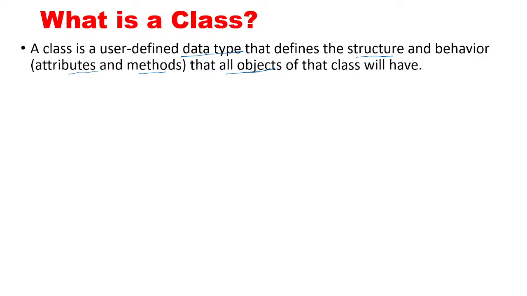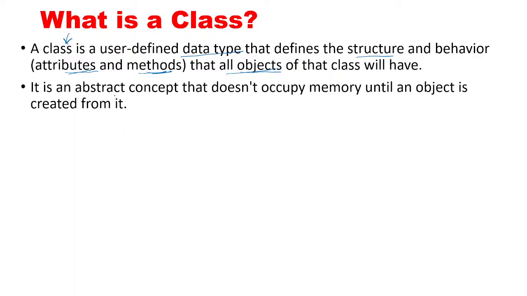What is the structure of the object and what is the behavior of the object is defined with attributes and methods, and when you group these two into a single entity, that is called a class in an object oriented programming language.